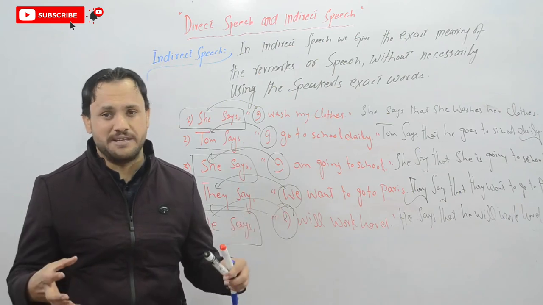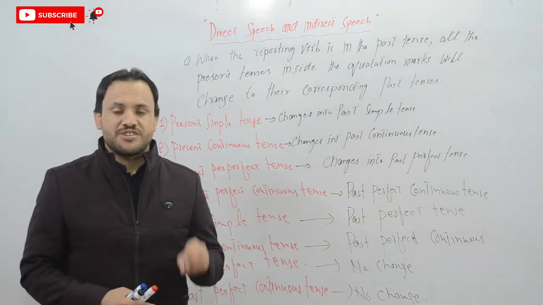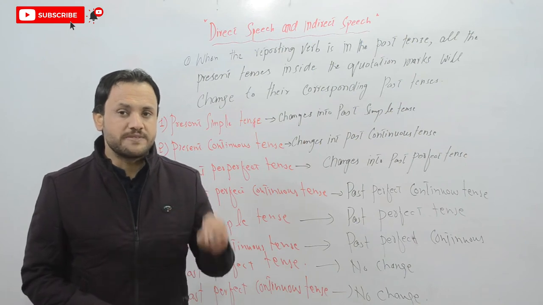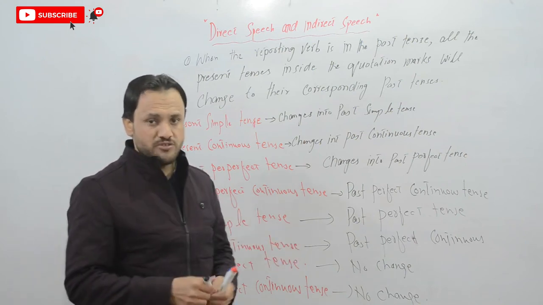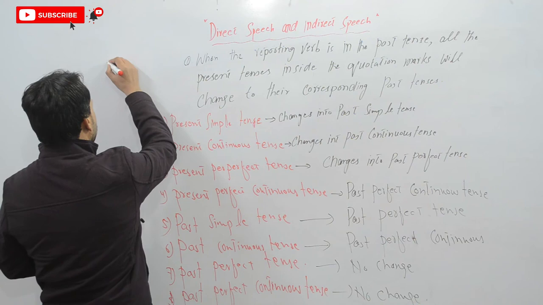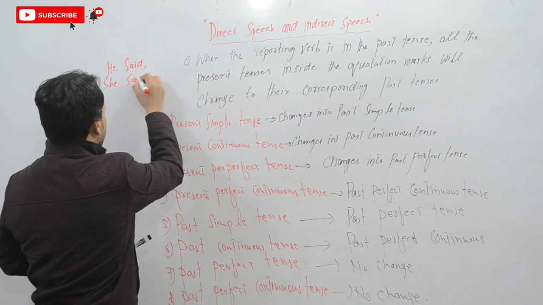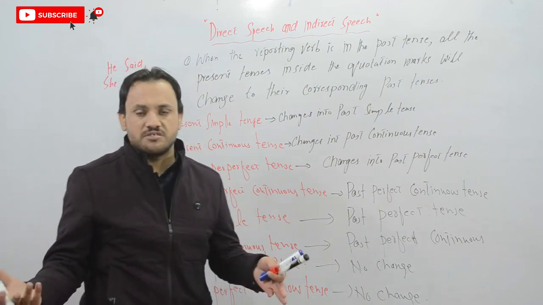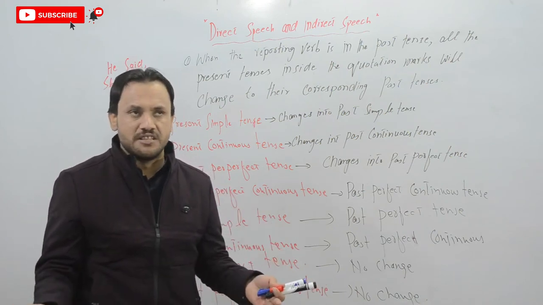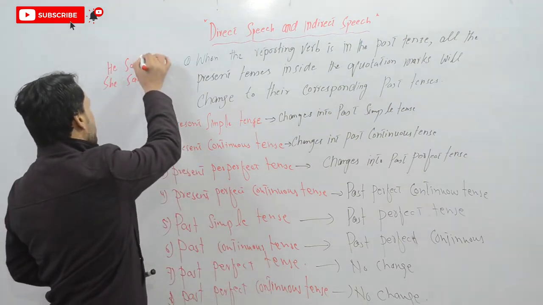Tense change takes place when the reporting verb, the reporting clause, is in past tense, for example he said, she said, she told me, he told me, she explained, he explained, he talked about, etc. This is the reporting verb.